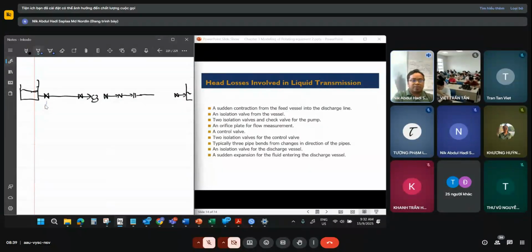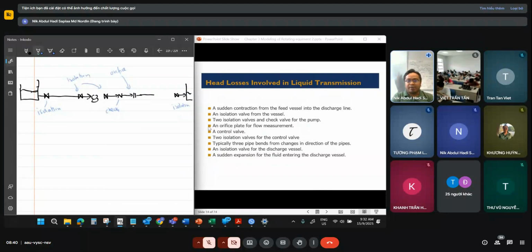So just to recap, this is an isolation valve. And this is also an isolation valve. And we have this as our check valve, and this as our orifice.